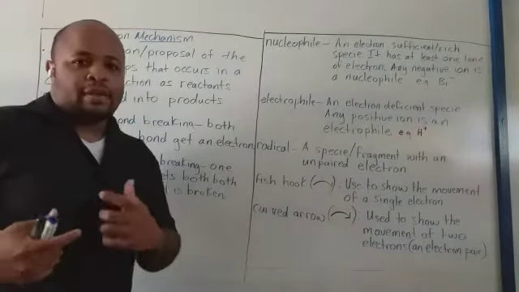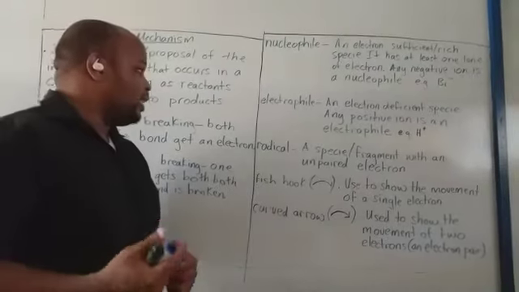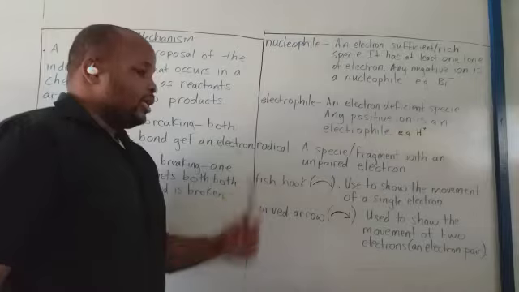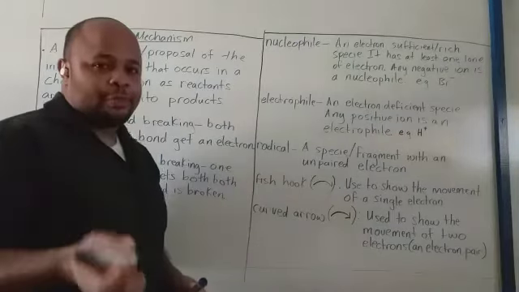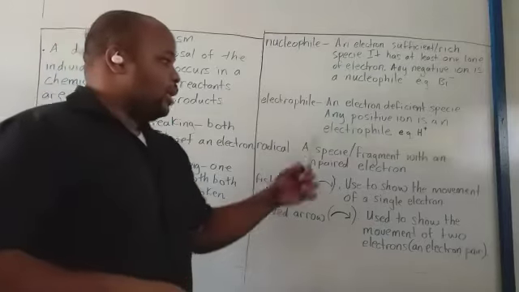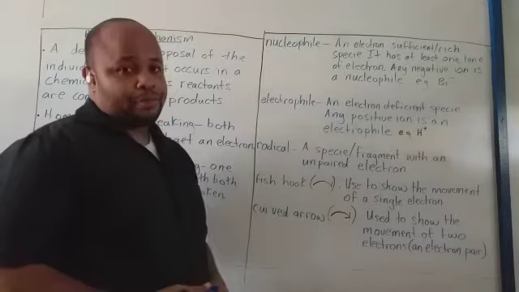If you see any ion with a negative charge, it is a nucleophile. An electrophile is an electron deficient species, right? No lone pair, right? And in most cases, it will have a positive charge.